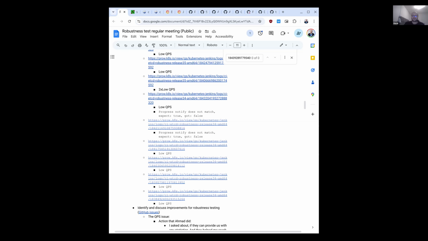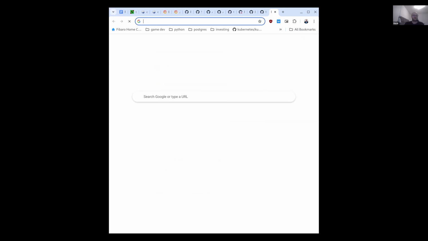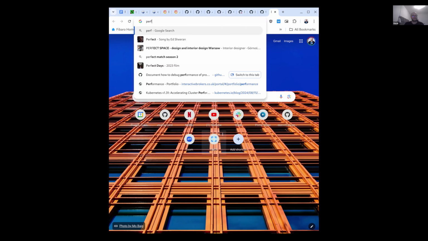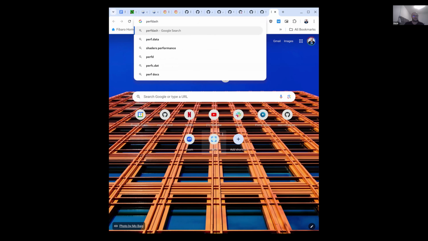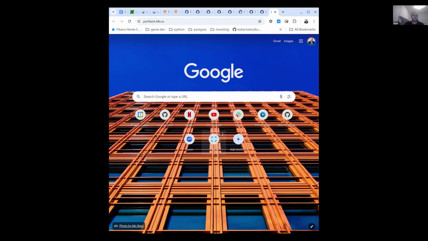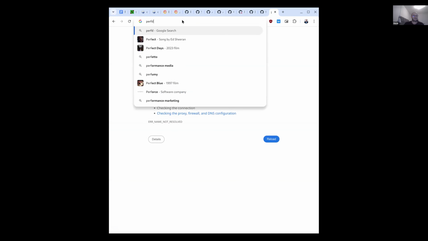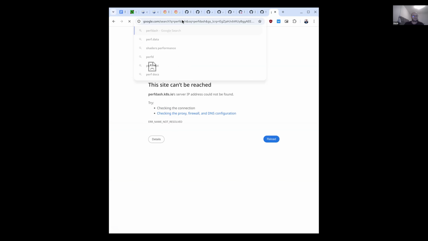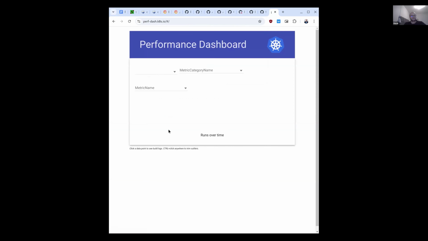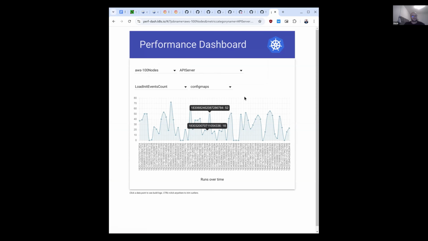It reminds me of the GKE scalability or Kubernetes scalability tests, where we have both. Each test validates some criteria, and we measure both signals, quality signals from each test, and we have a dashboard.